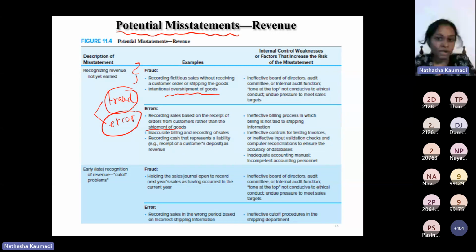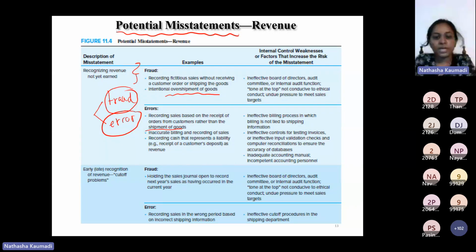You can't recognize sales based on customer orders. As per SLFRS 15, performance obligations should be satisfied, so you have to ship the goods. Without considering whether those goods are shipped or not, the accountant has mistakenly recognized revenue based on the customer order. In that case also, the same misstatement can happen.